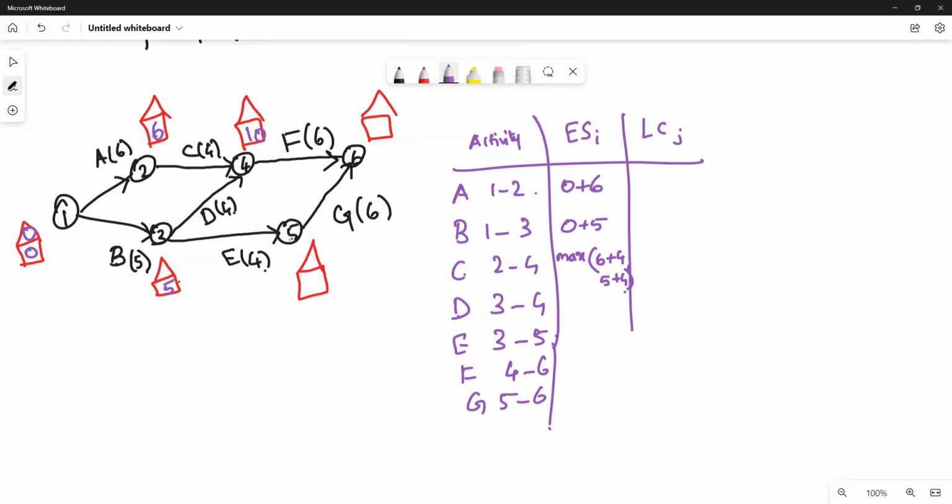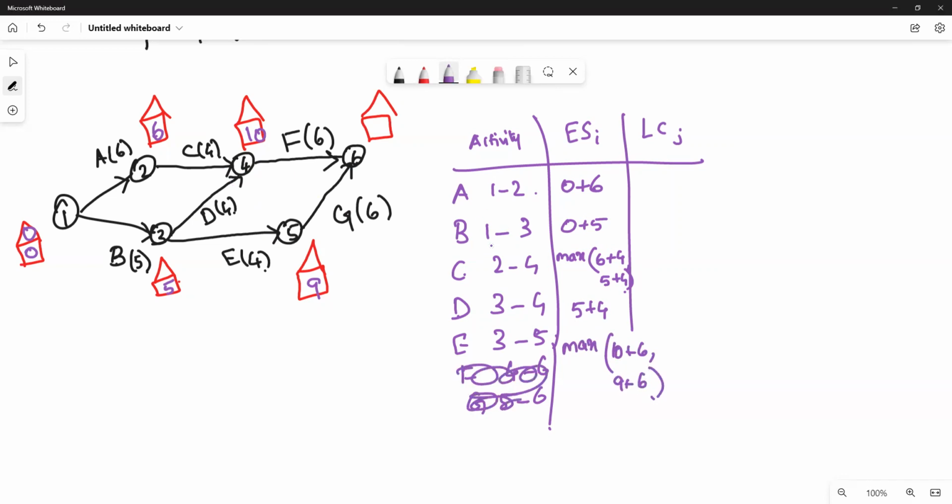Okay. For node 5, only one activity is coming in, so it is 5 plus 4, that is 9. For node 6, there are 2 activities coming in, so it is the maximum of 10 plus 6 and 9 plus 6. We have to find the maximum.